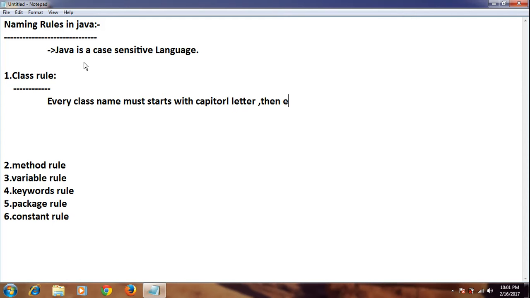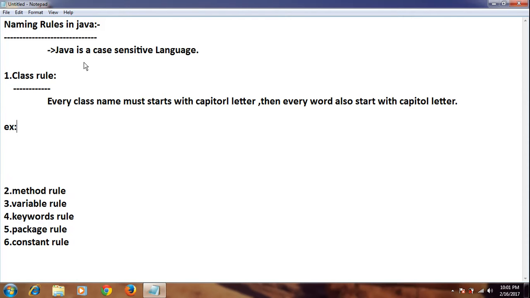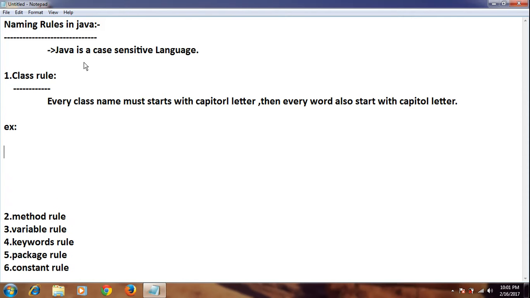Then again every word also starts with a capital letter. So that is the class rule. For example, we have a class called StringBuffer. Here S is a capital letter and B is a capital letter.